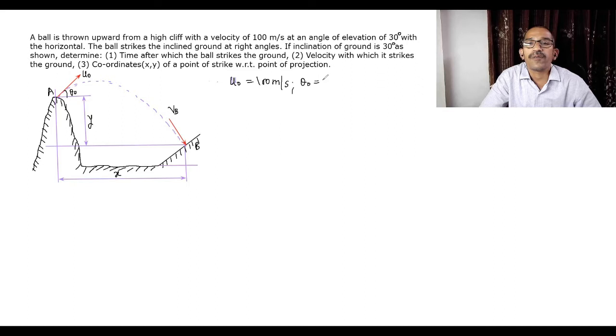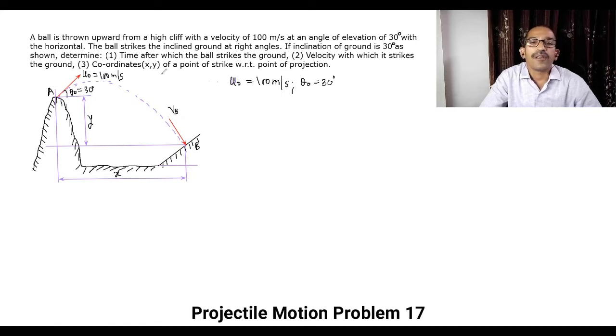That means theta 0 is 30 degrees, and it is projected from this point A.